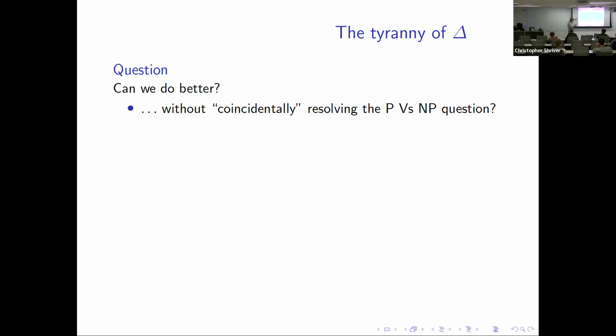Of course, I'm trying to be serious here, so I don't suggest solving the P versus NP problem. So no phone calls to the Clay Institute for prizes and so on. Not here.